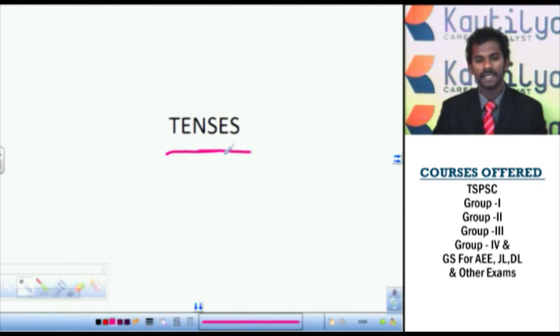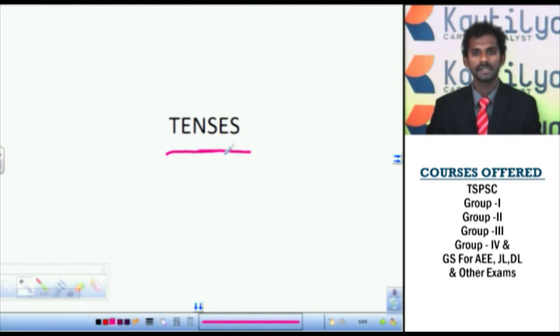Then I told you when to use simple past, when to use present perfect, when to use past perfect, when to use future perfect, simple present, continuous, perfect, perfect continuous, etc. Simple past is used to refer to a past action if the time of the past action is mentioned or known.